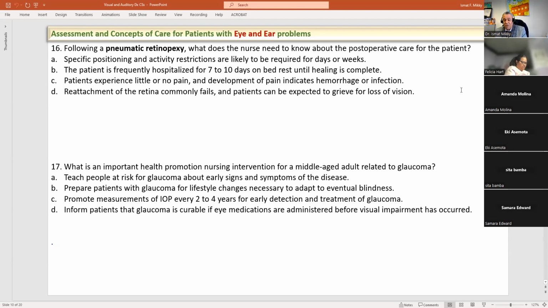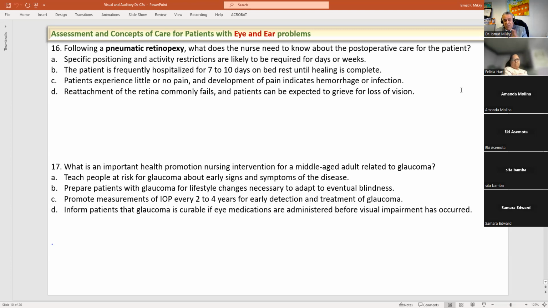I encourage everyone to read the exact positioning post retinopexy from the book, or after any ophthalmic procedure in which gas is used. The patient should have the head positioned so that the bubble is in contact with the retina, and may have to maintain this position for up to 16 hours for at least 5 days post-op.